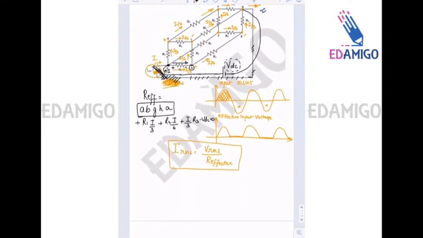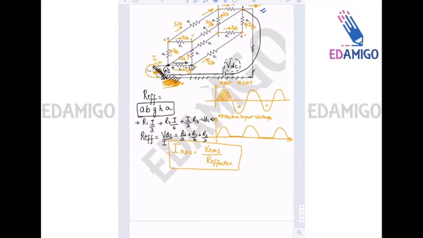So I can say that R effective, that is equal to VDC upon I, is equal to R1 by 3, R2 by 6 plus R3 by 3.